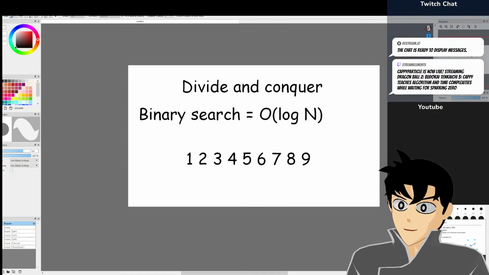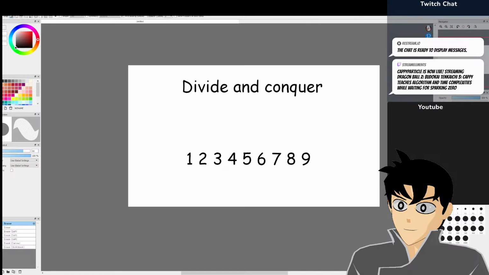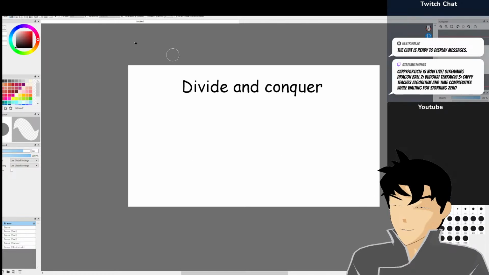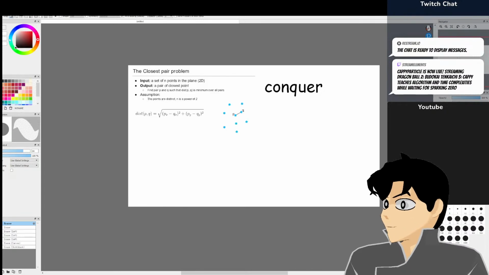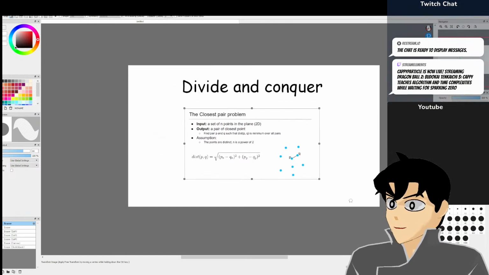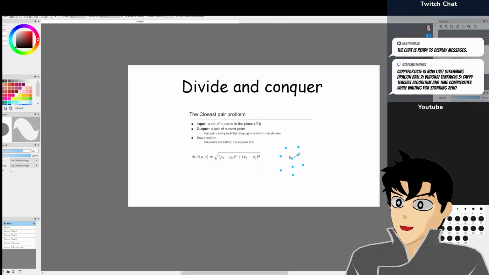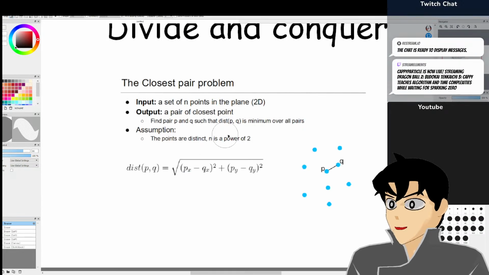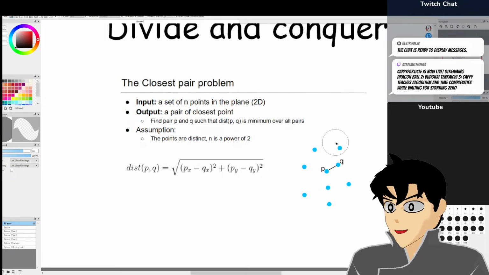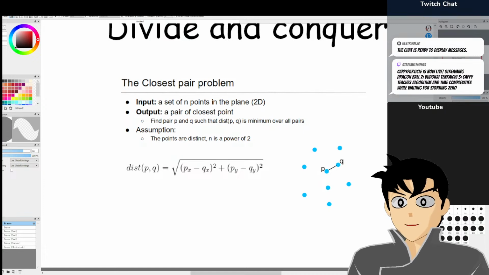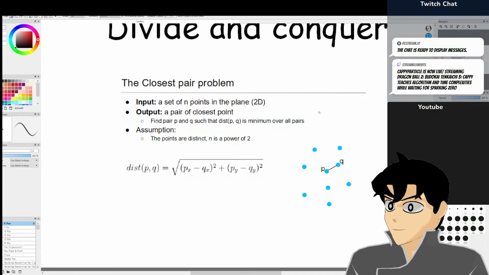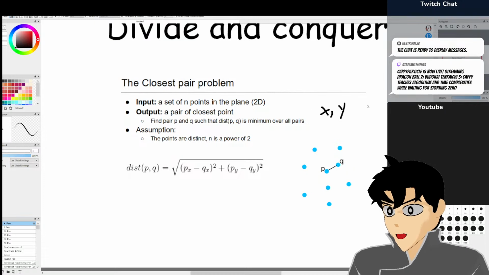Okay, we start from here. So the idea of closest pairs is how do we search through all these points in a line, where we use an x and y coordinate.